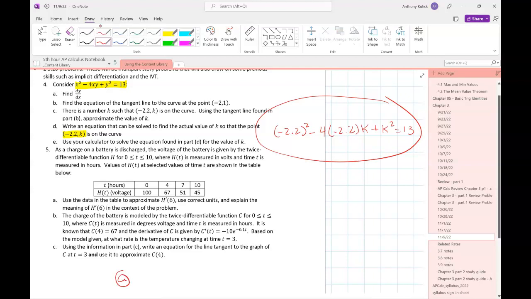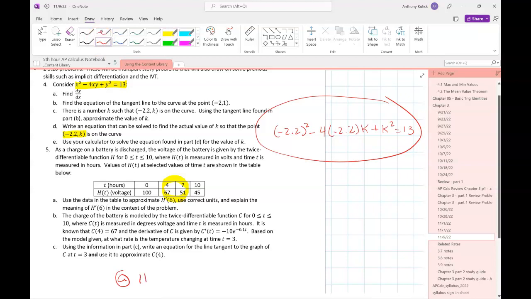Do we have an equation for h? No. So how are we going to do the derivative then? Slope. The slope between what points? 4 and 7, because that's where 6 is in between.